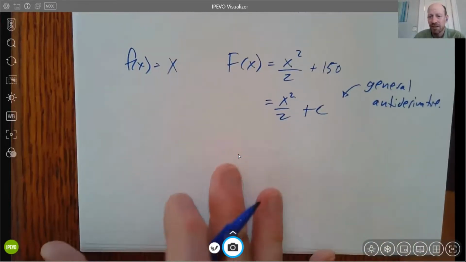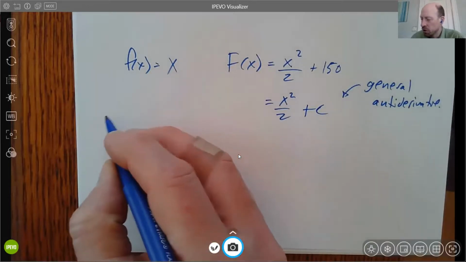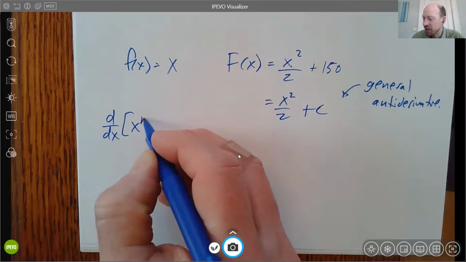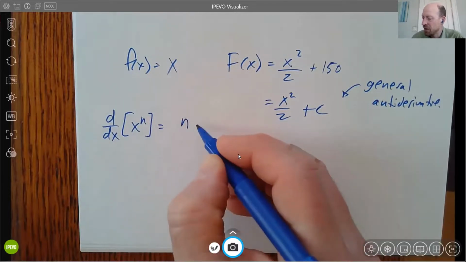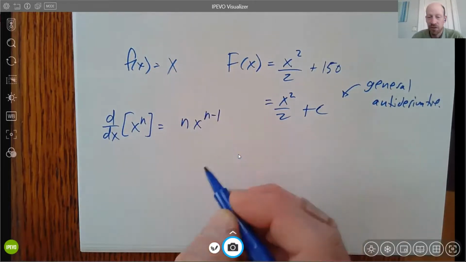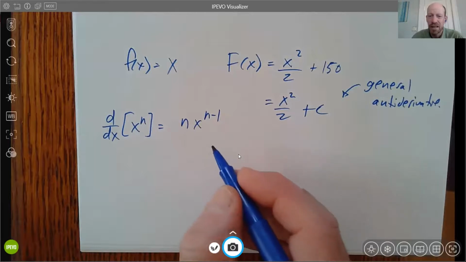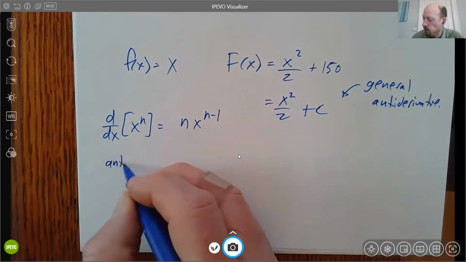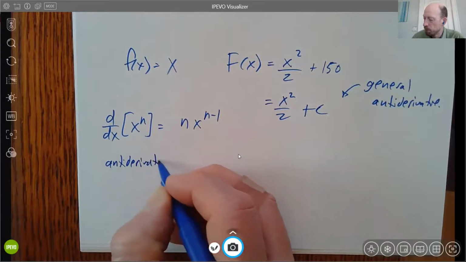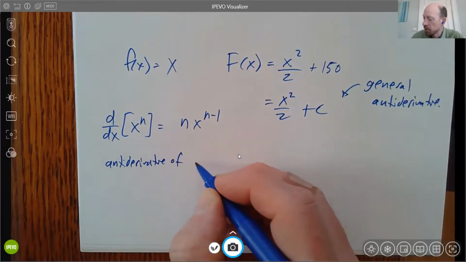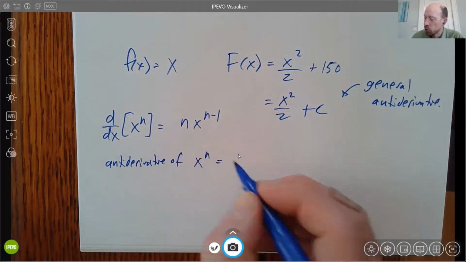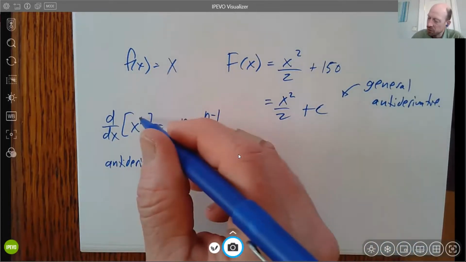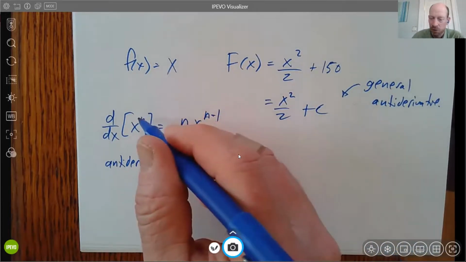And getting back to that idea of the power rule, we thought of this: the derivative with respect to x of x to the n was n x to the n minus 1. If you reverse this rule, what you do is you add 1 to the exponent, so n minus 1 would go to n.